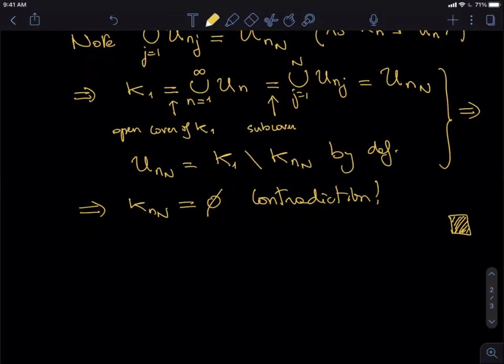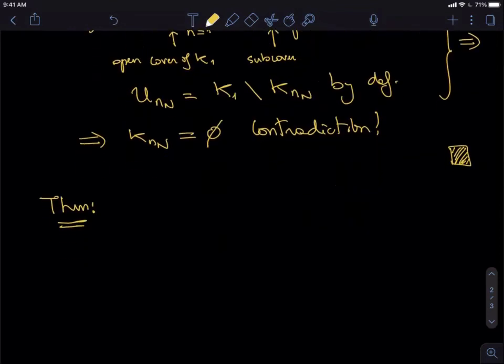There is a more general version of this theorem that we are not going to prove. The proof is in the book, but it's very similar to what we just did.